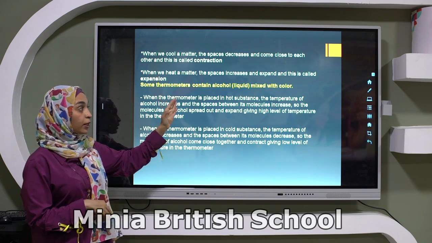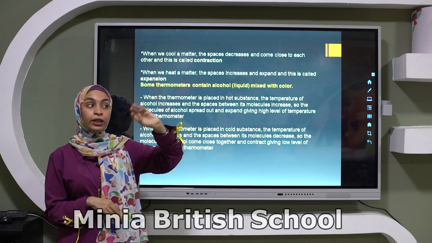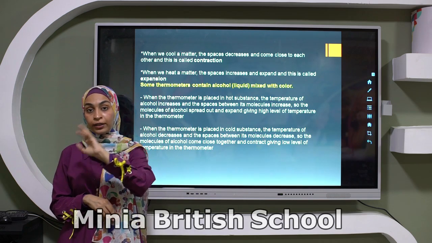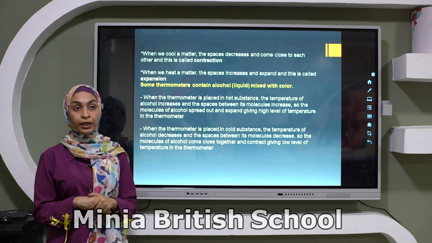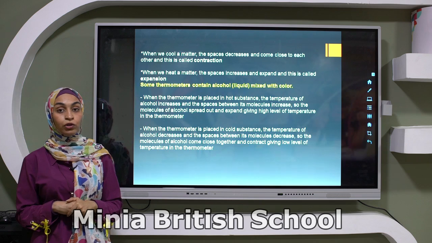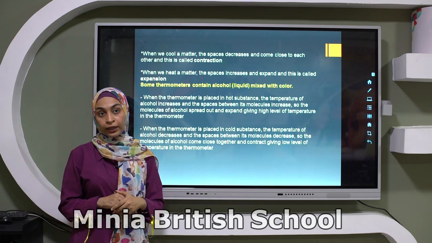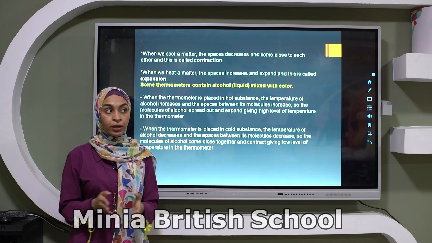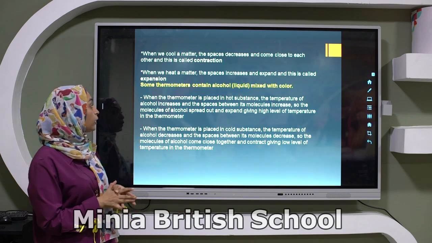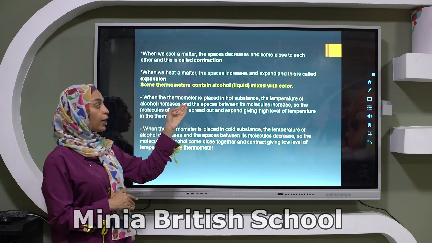According to this property, we can depend on contraction and expansion to make a thermometer. If I am going to make a model of a thermometer with alcohol inside it, if I don't have mercury, I can use alcohol. Then I can put the thermometer in a hot substance.